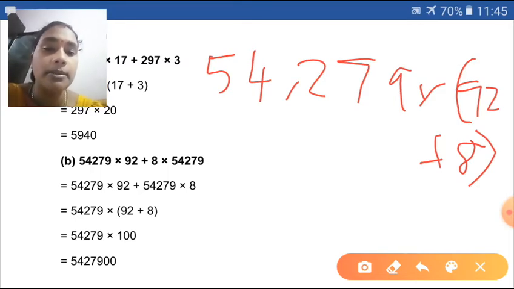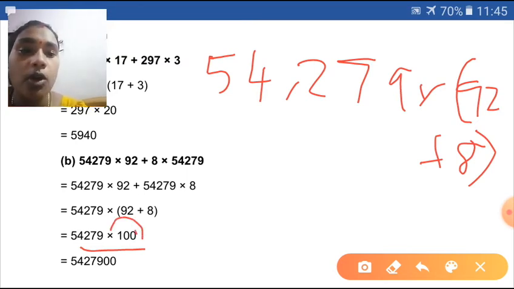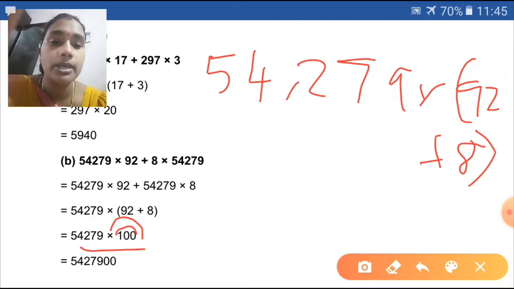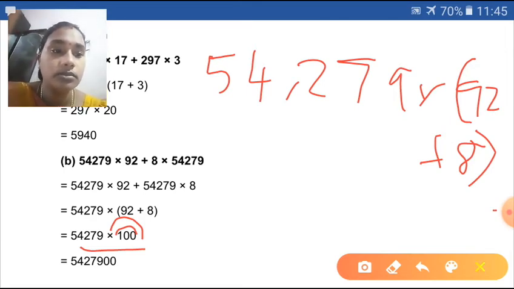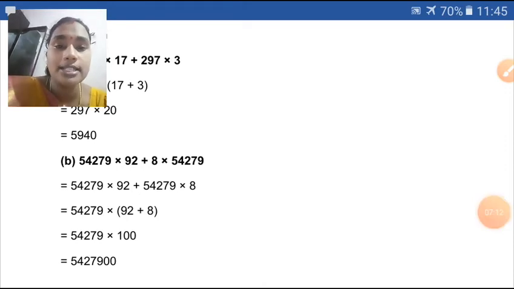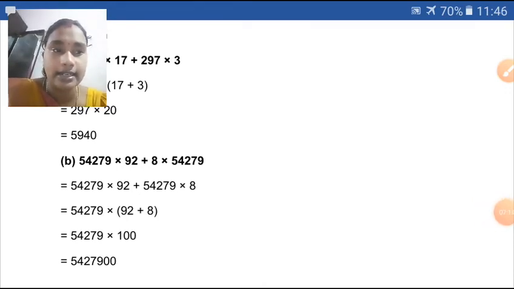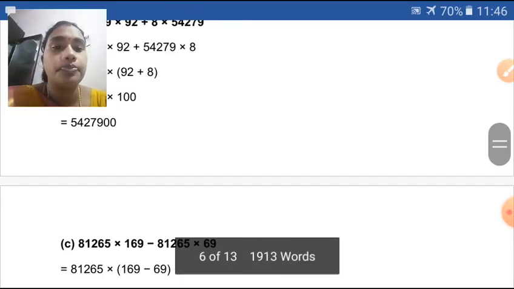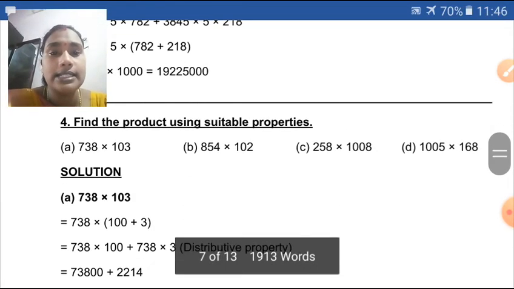When you are multiplying it by 100, it will just add 2 zeros onto the given number. So it will become 54,27,900. Okay. Similarly, you are going to do the sums to find out the answers.